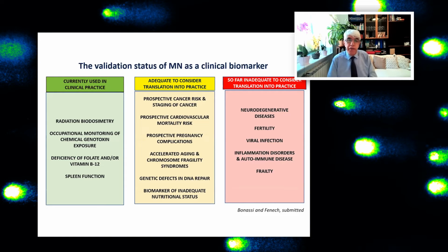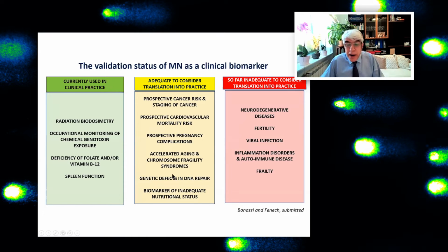Because of course, before using it in clinical practice, evidence must be very strong. For instance, we started this discussion with micronuclei, and there are a number of examples in which micronuclei is used: biodosimetry, occupational monitoring, and so on.